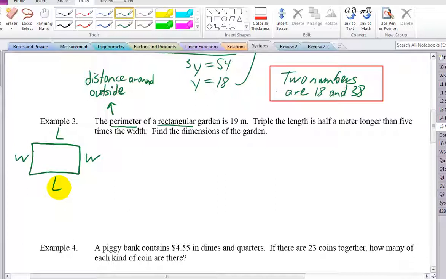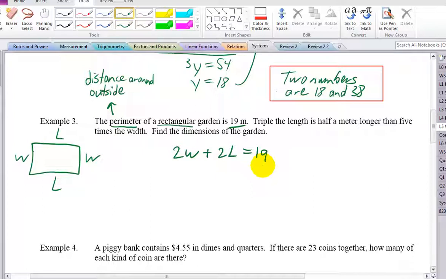What does it stand for? Yeah. Bingo. Okay. So how many widths are there? Plus how many lengths? Now what does that equal? 19. Right? The perimeter is 19. So 2 widths plus 2 lengths, 19.